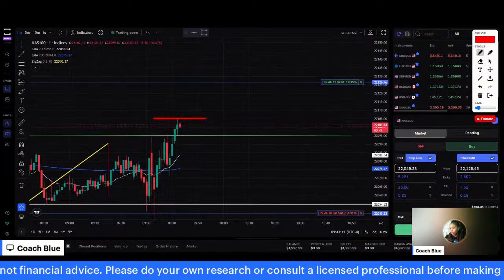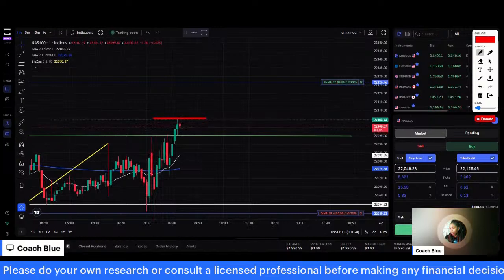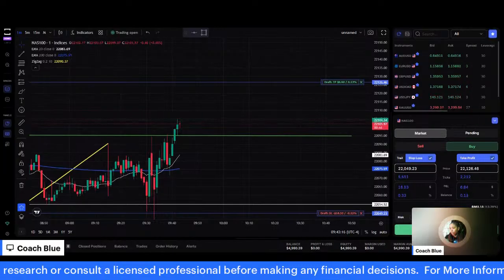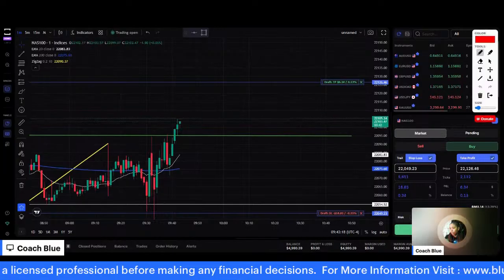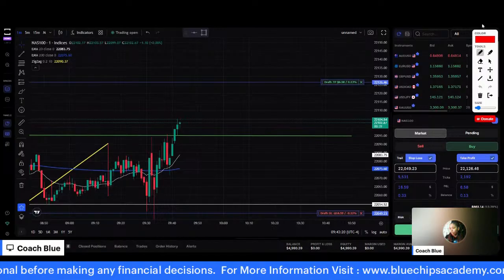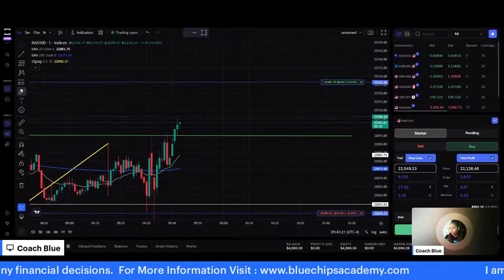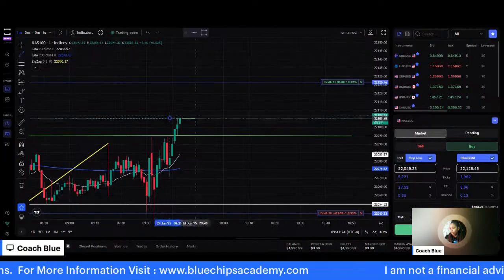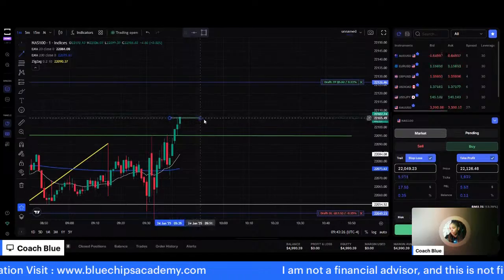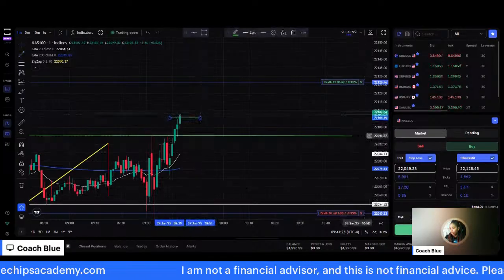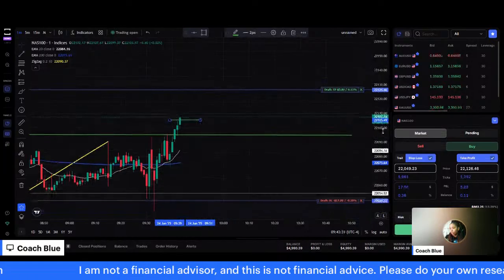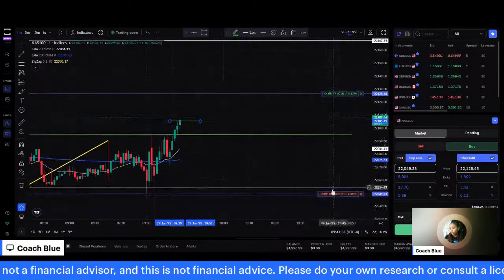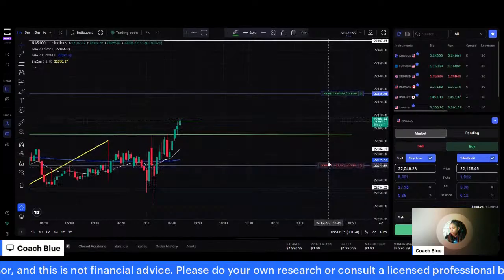If we break past that area, let me see. I haven't even been measuring my trade. Hold on, guys. Let me put my little line here. I always like my little entry line. I'm going to let it close above. I like it. All right, let's see. I think I can move my stop loss up now.